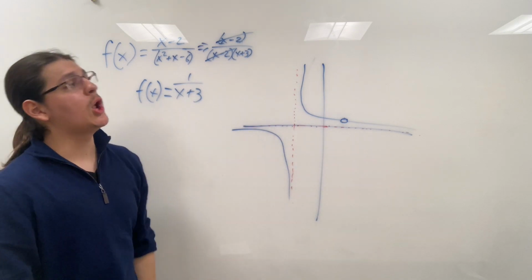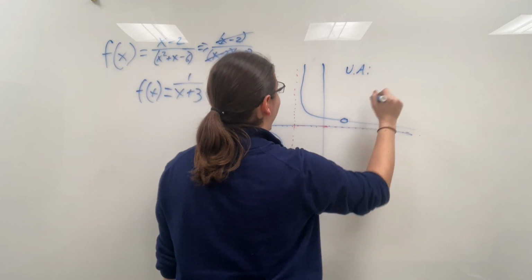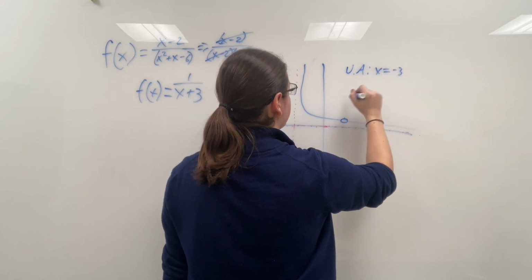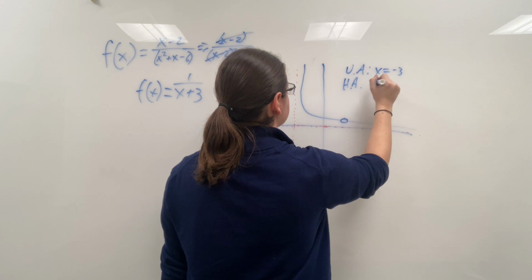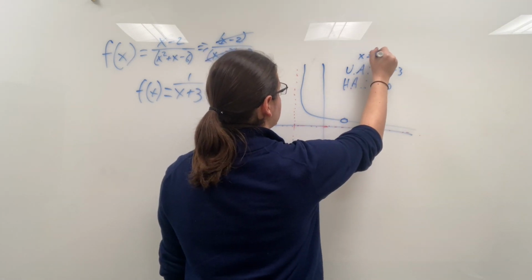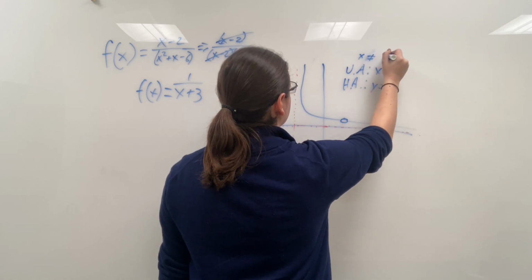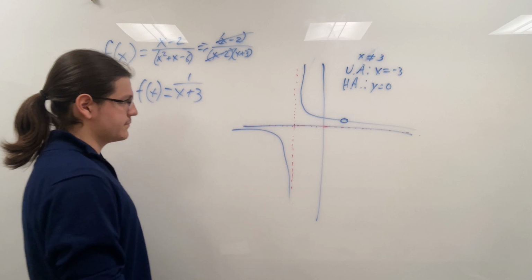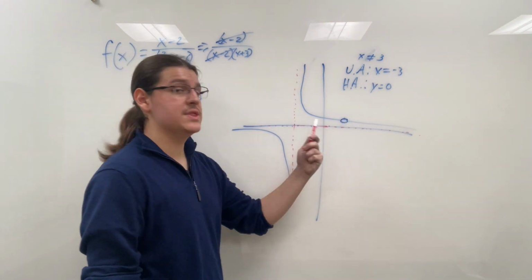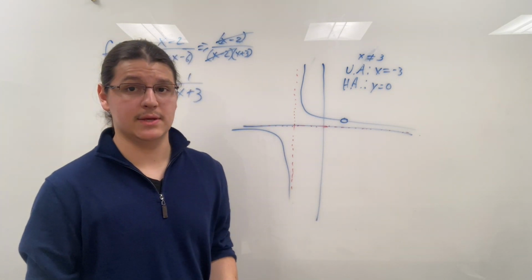So, regarding all the things we use to describe, we have a vertical asymptote at x equals negative 3, and then we have a horizontal asymptote at y equals 0. X can't be equal to negative 3. We also have to include this removable discontinuity.